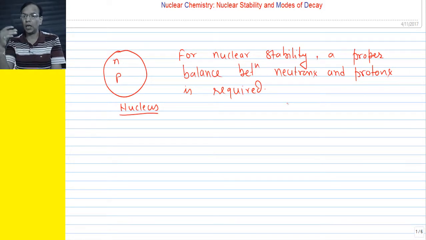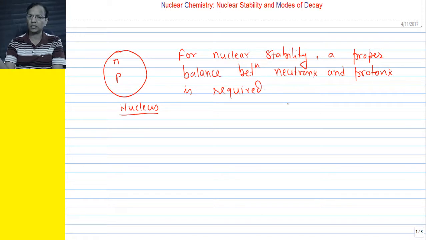If there is imbalance between the number of neutrons and protons, then the nucleus becomes unstable, and it decays.